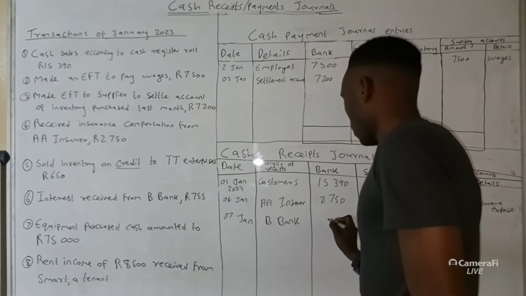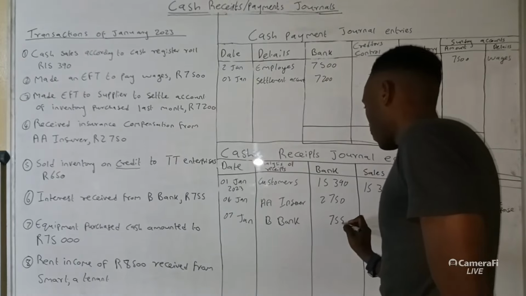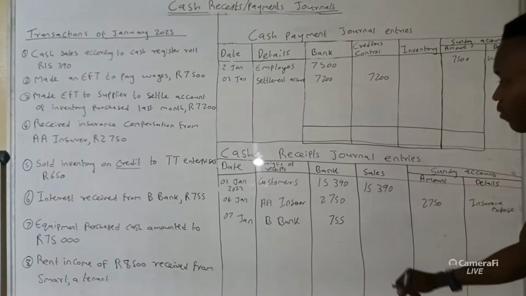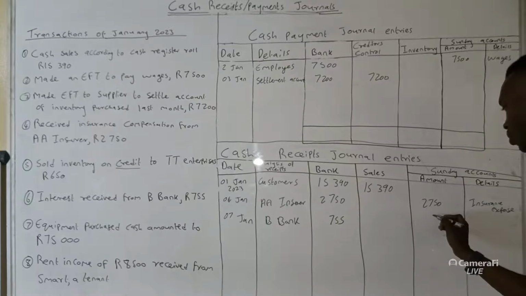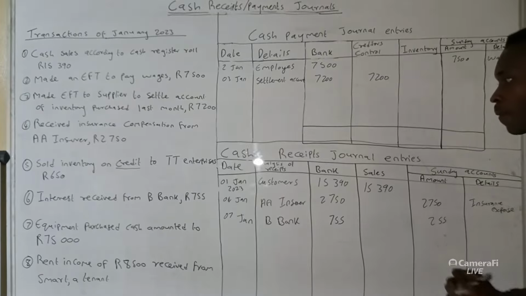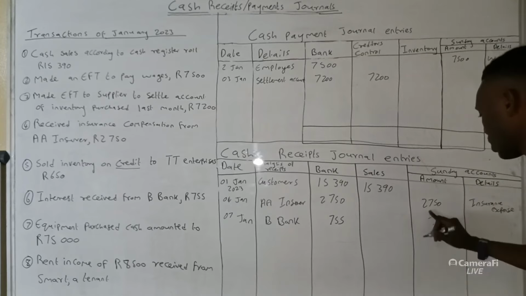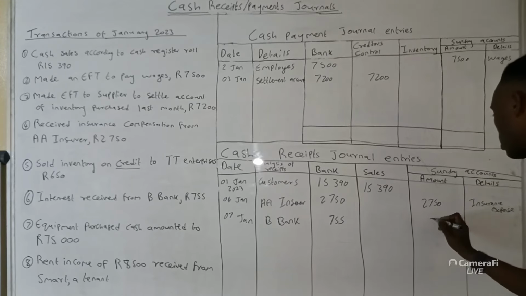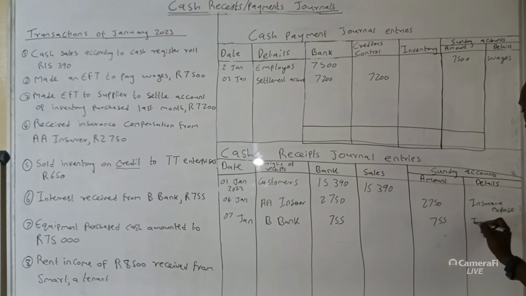Okay, and the amount is 755, which means that because we don't have a column for interest received, we're going to go to sundry account and write 755, which is interest received.